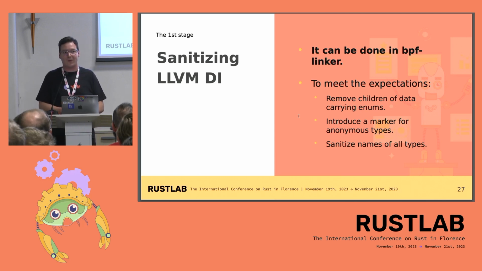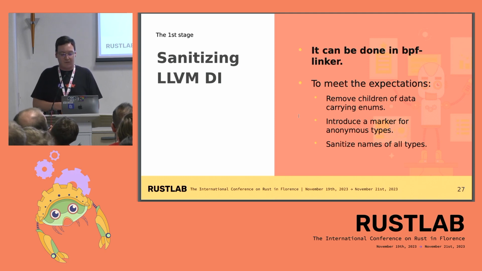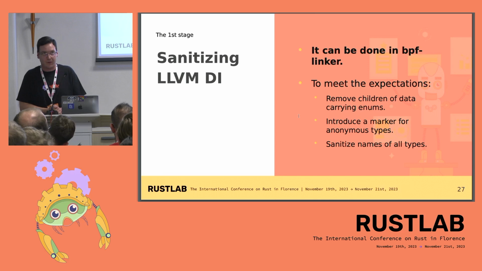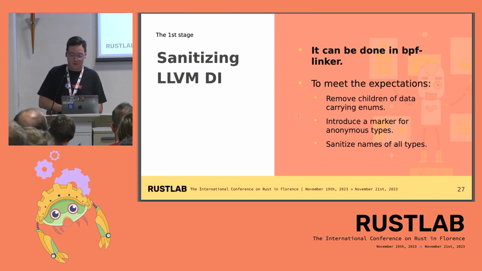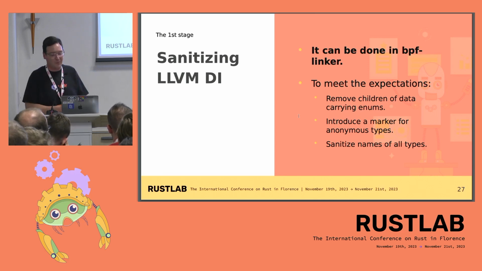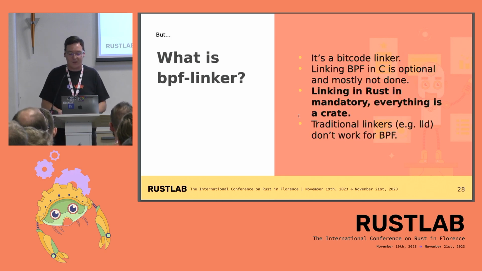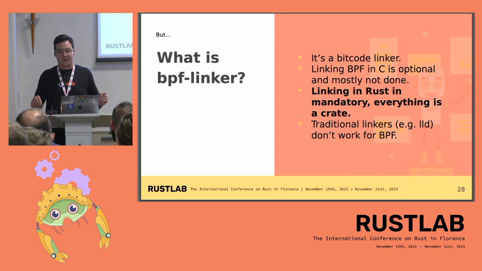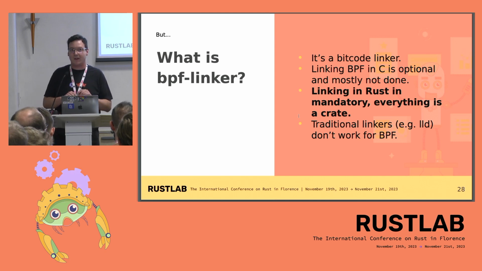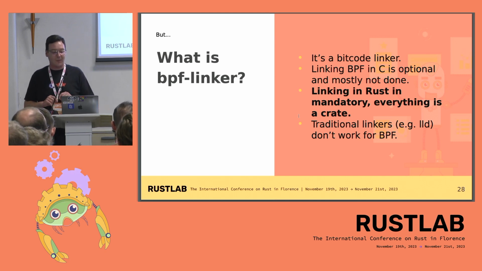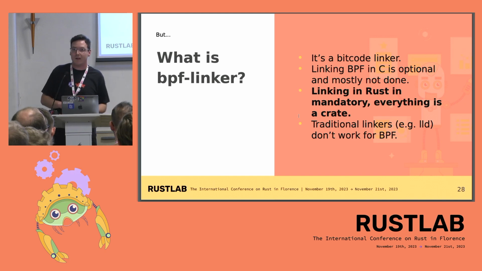So there is a project called BPF-linker, which is being used when you compile BPF programs in Rust. Basically, in BPF-linker, we are modifying the debug info to meet the expectations. To explain a bit what BPF-linker is, it is a bitcode linker.